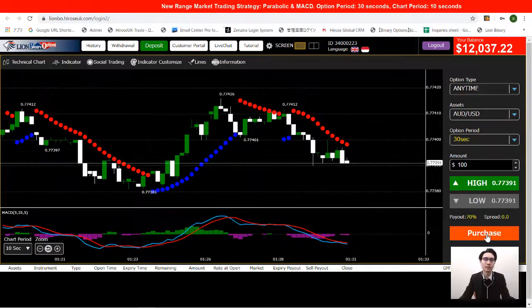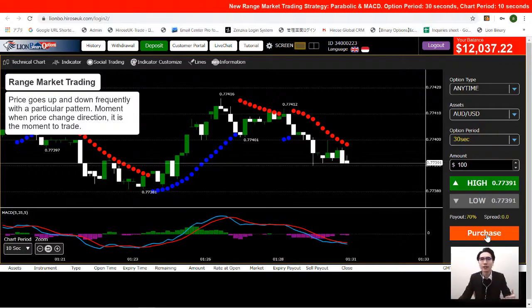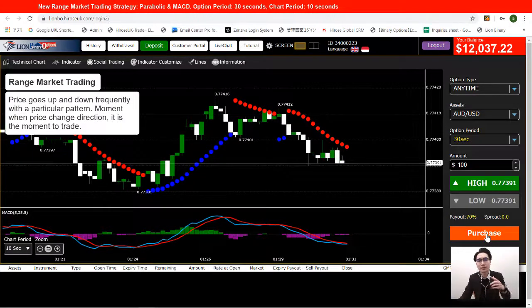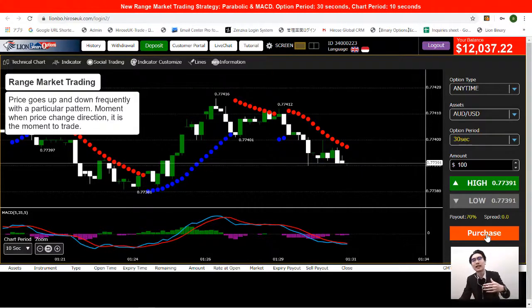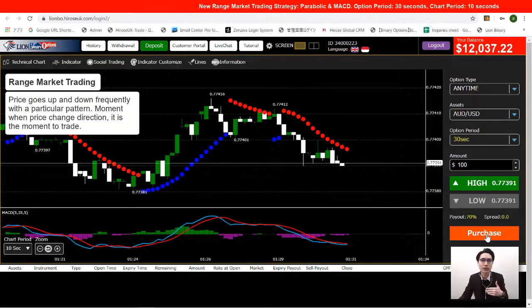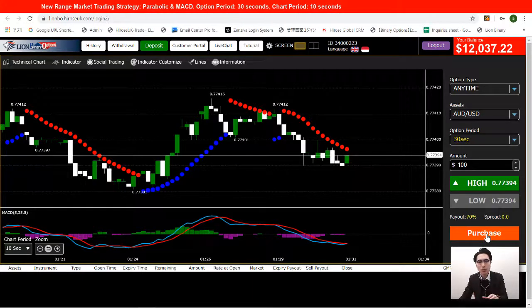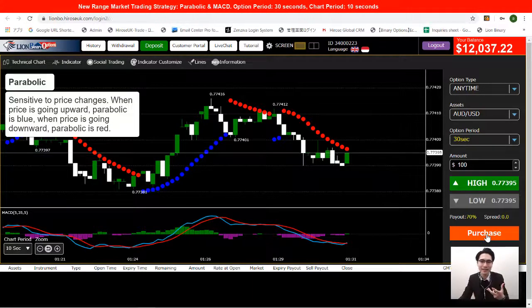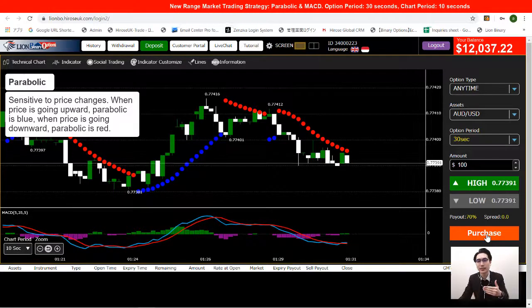Okay, first I will talk about how this strategy actually works. In a range market the price goes up and down, and the moments that it goes up and down is when it approaches the resistance or support. With this strategy, the parabolic is actually quite sensitive to the price movement. If it goes up, it appears as a blue dot.